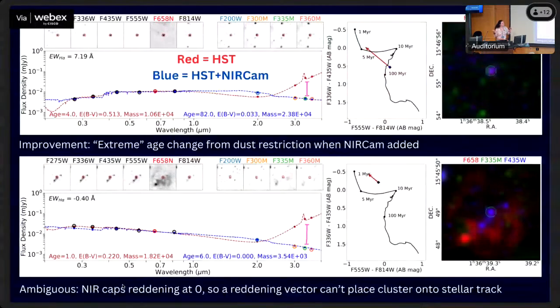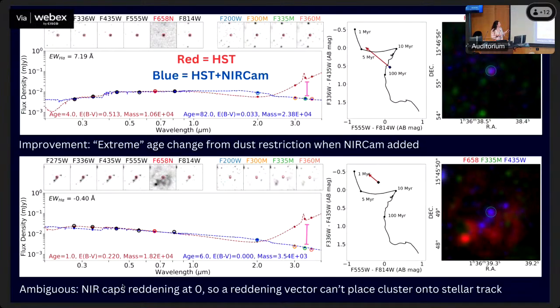So here are two example clusters in these two categories. Everything red is fit with HST only, and everything blue is fit with HST and NIRCam. In this top example, this is an area where we can see that adding NIRCam is really helpful in finding a more accurate solution.